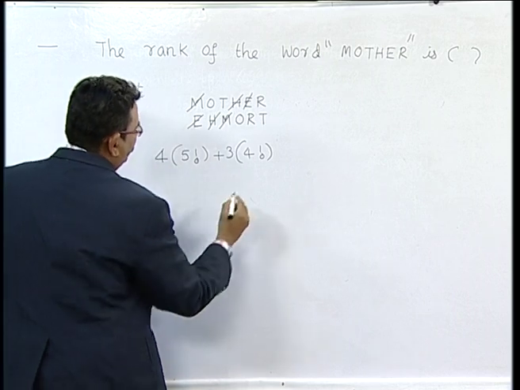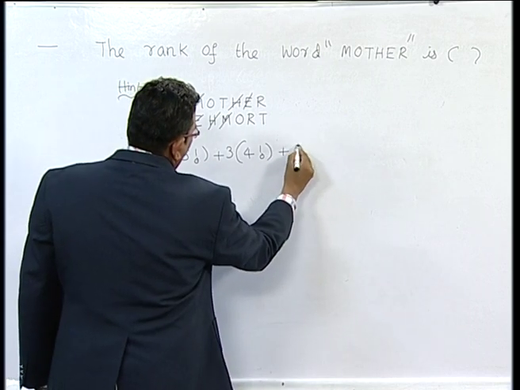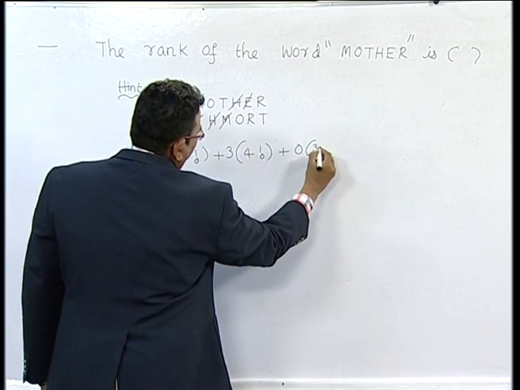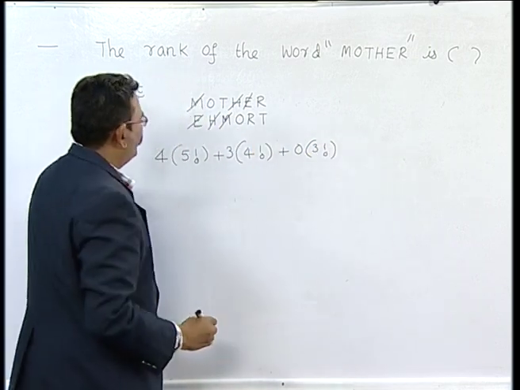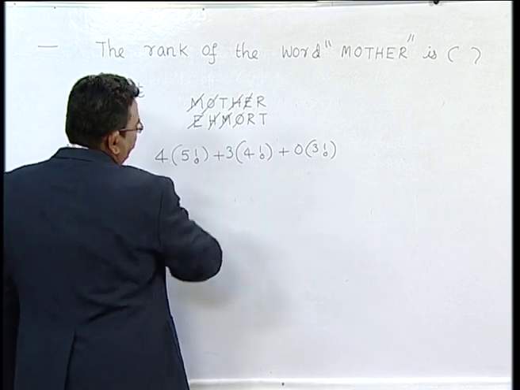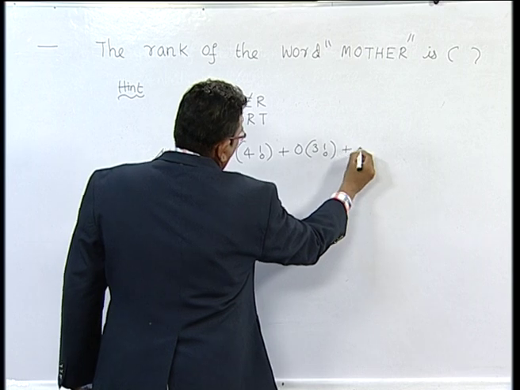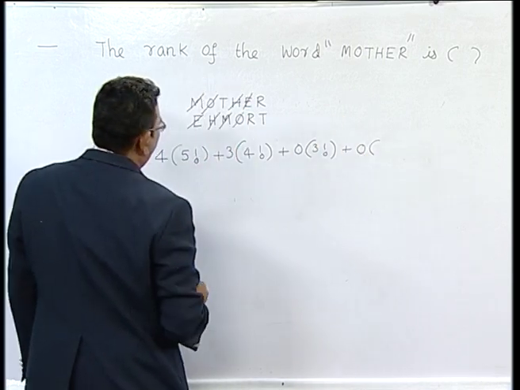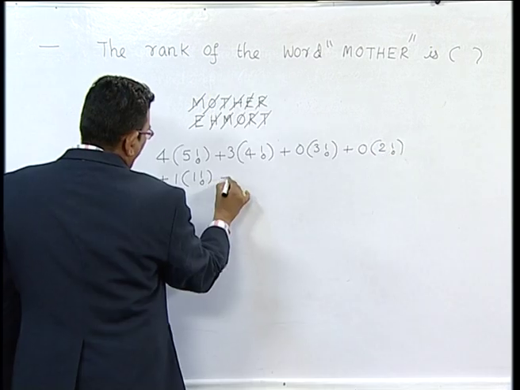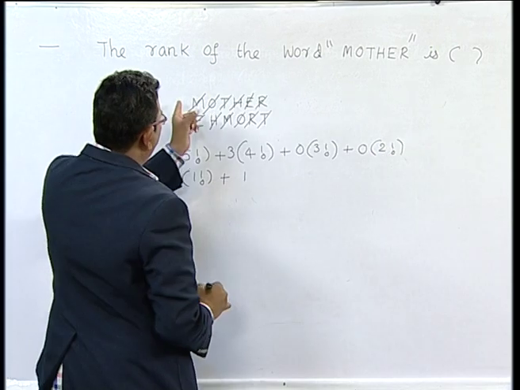Before M, no letter is there. So, 0 multiplied by 3 factorial, write down. Next required letter is O, which gets cancelled. Before it no letter is there, write 0. After that 2 factorial. Always add 1, that is the rank for the word mother.